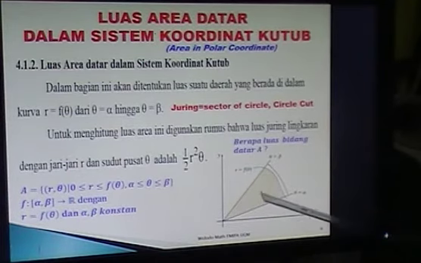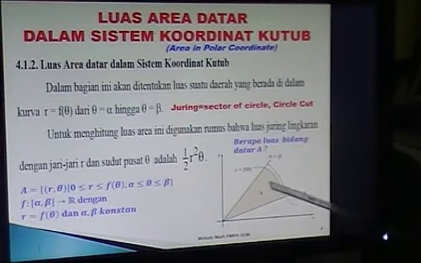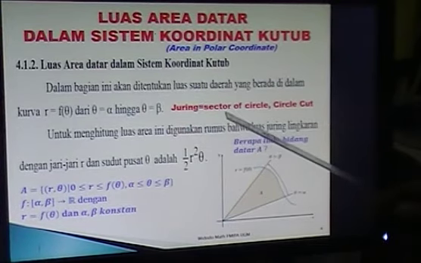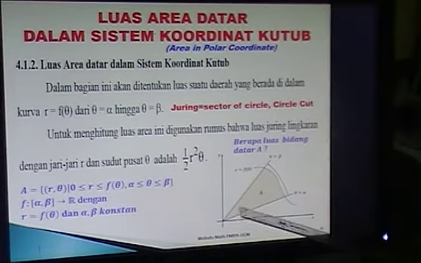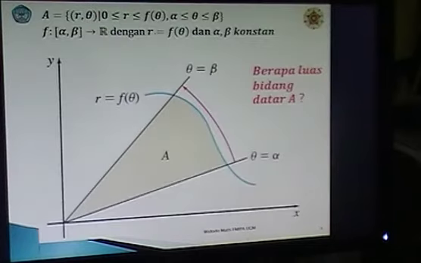So we approach A by using the sector of a circle with the angle alpha beta. We will see in the next page. The question is what is the area of A?